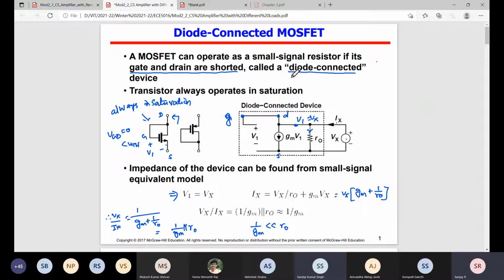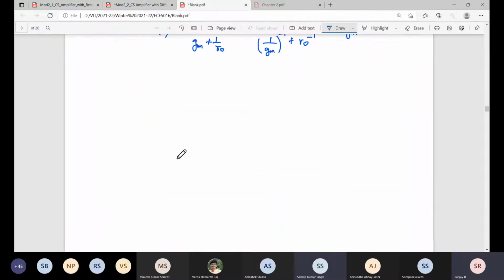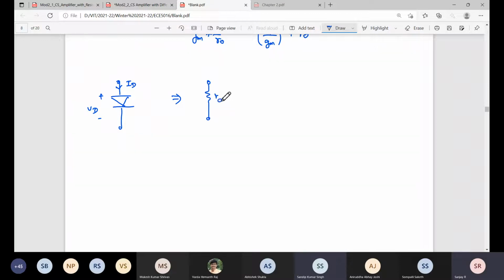Why is it called diode connected? We will come to that story. Let's take a diode. We apply some voltage, and some current flows in the diode. I replace the diode by its small signal resistance. What is the diode small signal resistance formula?